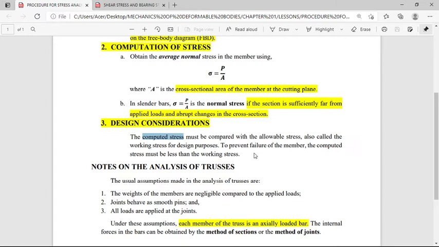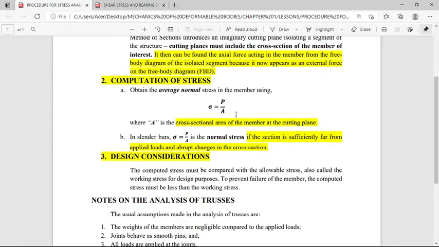But again, computed stress ay yung na-compute nyo from step 2, which is P over A, or stress equals P over A. Siya yung resulta nung external force P or nung loads na na-apply dun sa material.